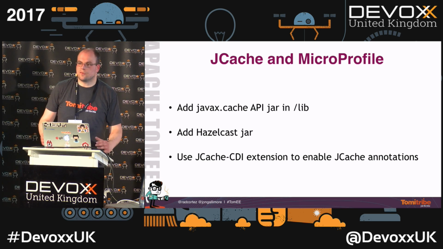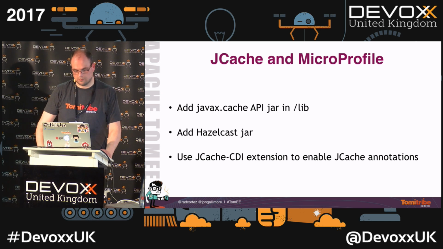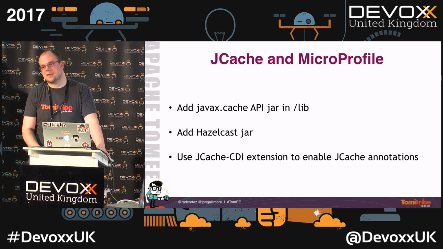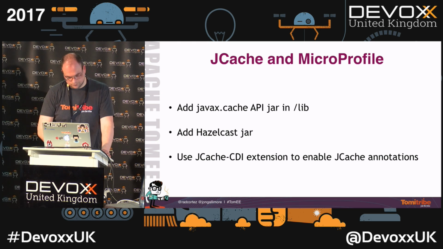So the different servers can discover each other, and the cache will be distributed across those servers. This will work right away in MicroProfile, just using the CDI extension. It's just a matter of adding the JCache API jar to your server if it's not already there, and then adding the Hazelcast jar and the CDI extension into your application to get started.